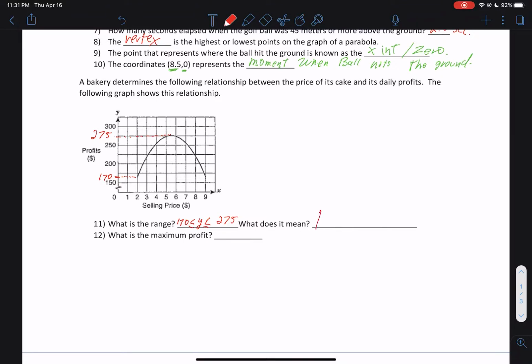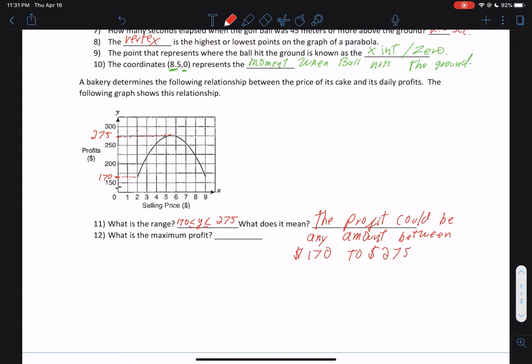The profit could be any amount between $170 to $275.